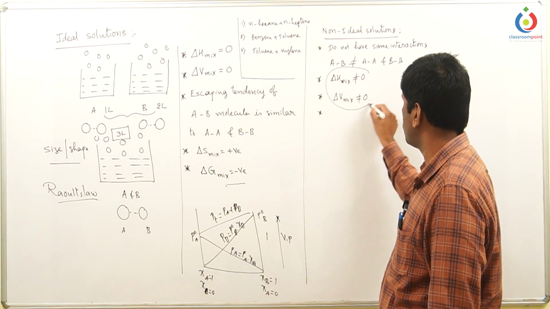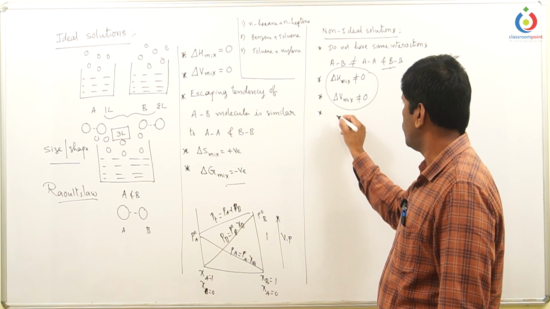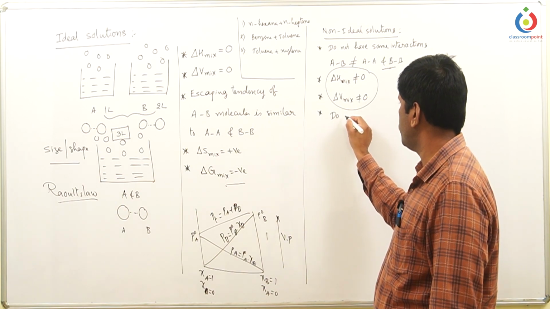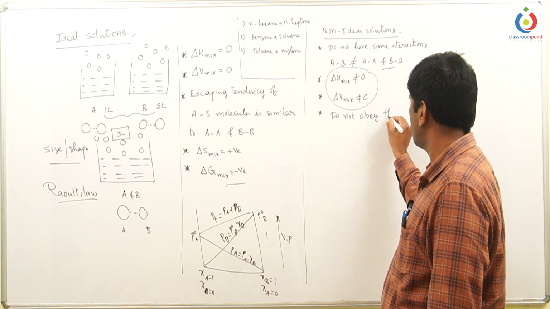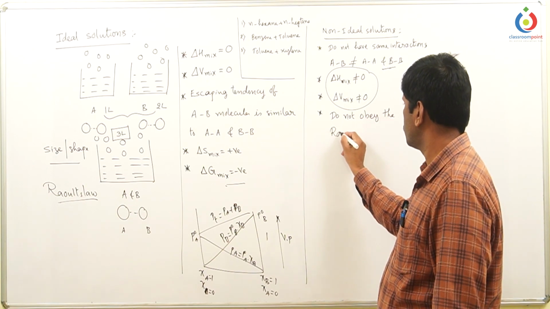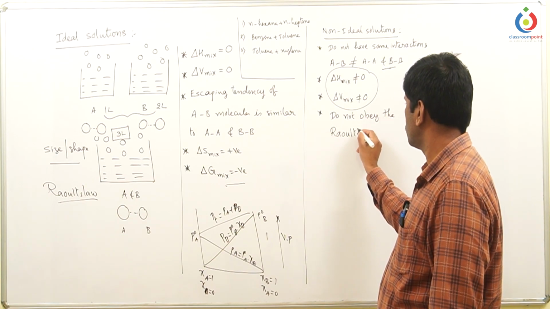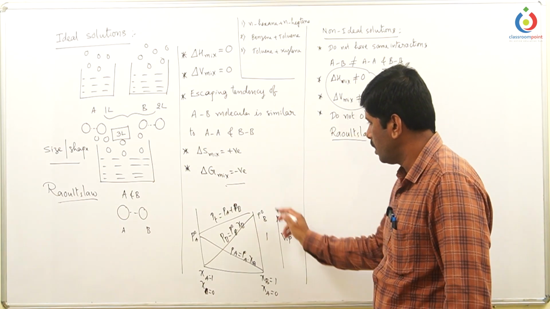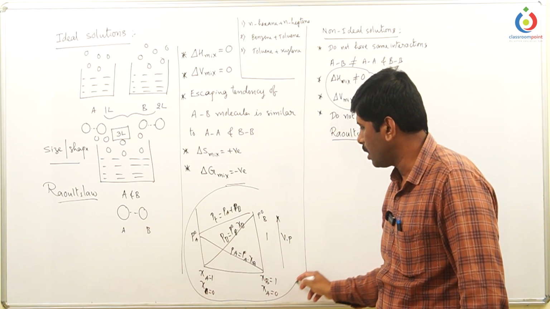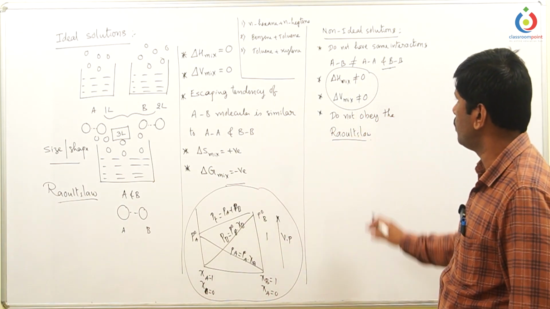When all these parameters are not equal, then it does not obey Raoult's law. So when it is not obeying Raoult's law, this type of graph is not observed for the non-ideal solutions.